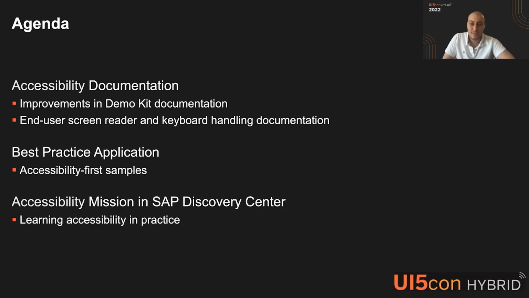And last but not least, we will talk about the accessibility mission, which is available to everyone in SAP Discovery Center. Again, a set of practically oriented exercises that will bring more visibility and showcase the framework's capabilities related to accessibility.